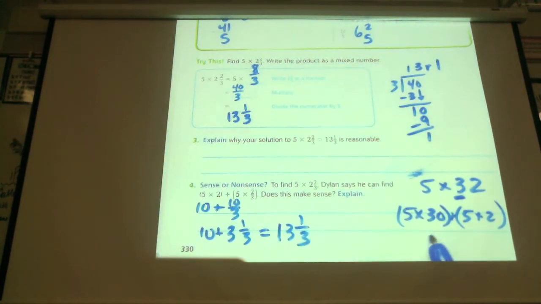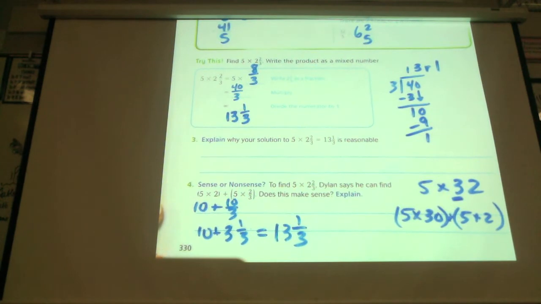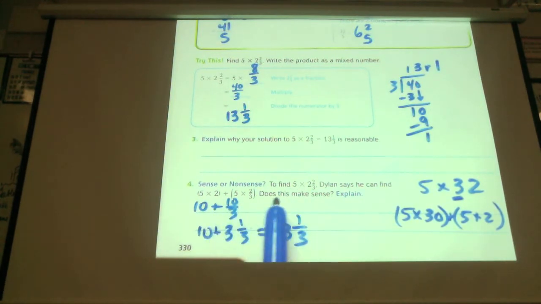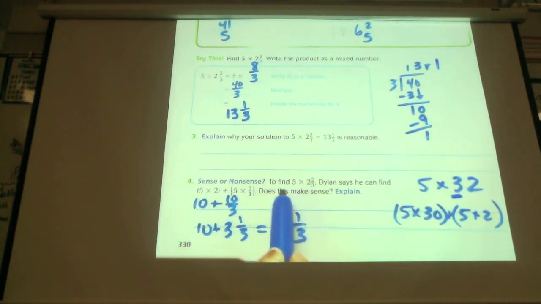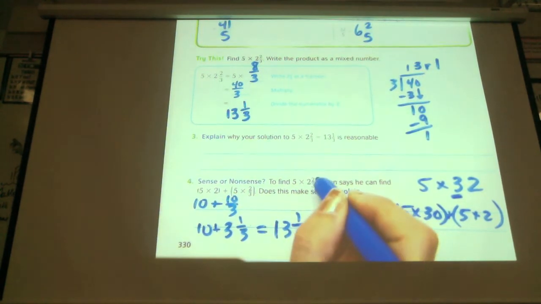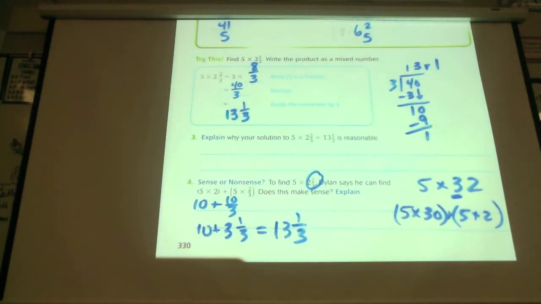Does anybody remember what property allows us to do this? Brian? Distributive. So it's distributive property that allows us to do the same thing when multiplying fractions. So knowing that if I have 5 times 2 2/3, if I can do 5 times 2 and then 5 times 2/3 and then add those two together, do I have to always change this to an improper fraction first?